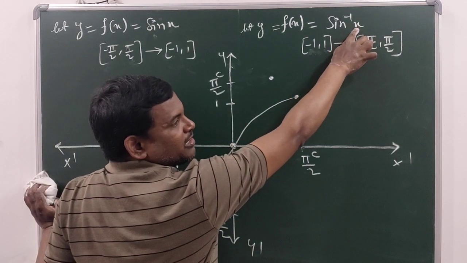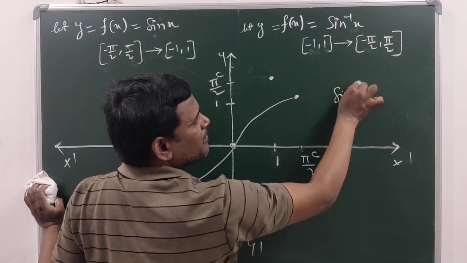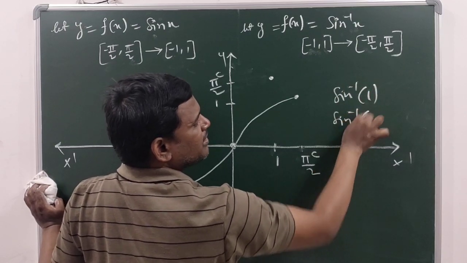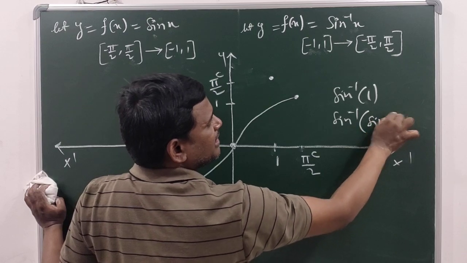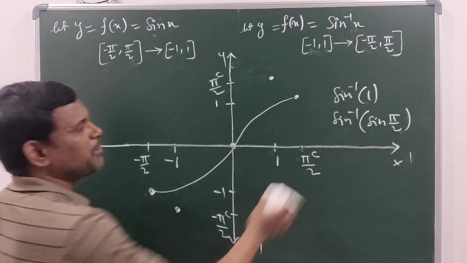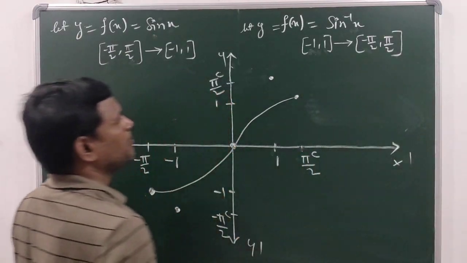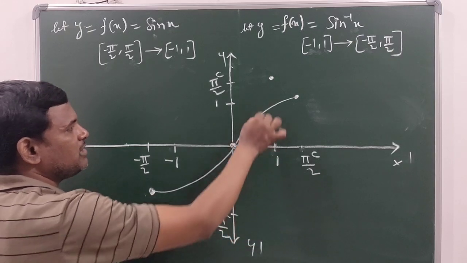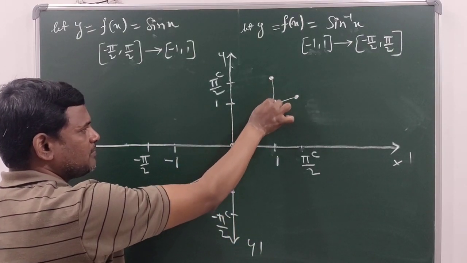We kept here sin inverse of 1. Now this one you have to express in terms of sin 90. Sin inverse of sin theta is equal to theta, means pi by 2 you will get. Pi by 2. Okay? Now if you draw the graph, you may get like this.